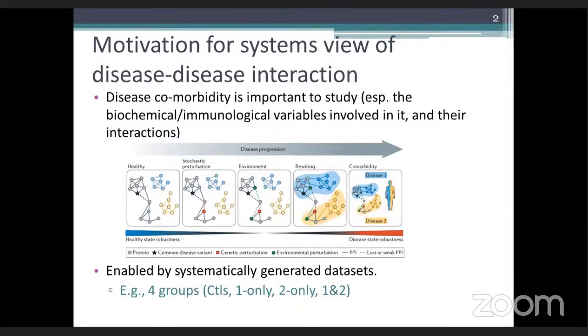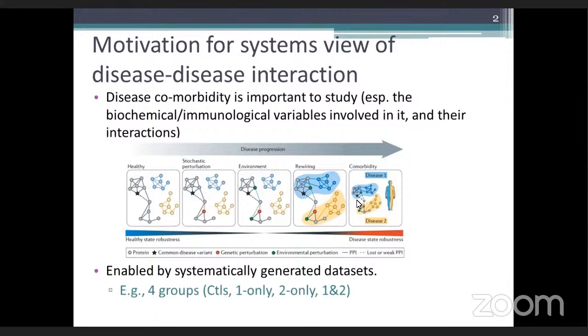In this image, you can see a generalized representation of a protein-protein interaction network, and the sequential network changes depict the physical protein-protein interaction rewiring during disease progression. A combination of different perturbations, like a disease risk variant, genetic or environmental perturbations, or sometimes even a treatment, can alter protein abundance and in turn rewire the network topology.